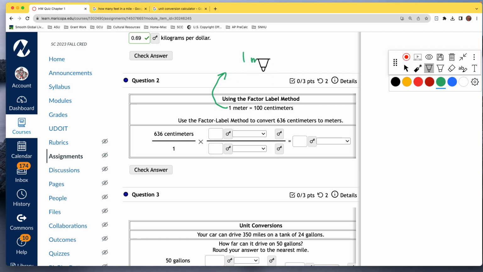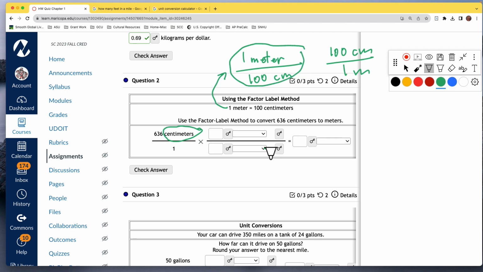We're going to either use 1 meter is 100 centimeters, or we're going to use 100 centimeters is 1 meter. Which one of these 2 will we use down here? The second one? So we've got centimeters. Oh, the first one. We want to divide them out. I always go with the wrong one first, but we want to use this one.